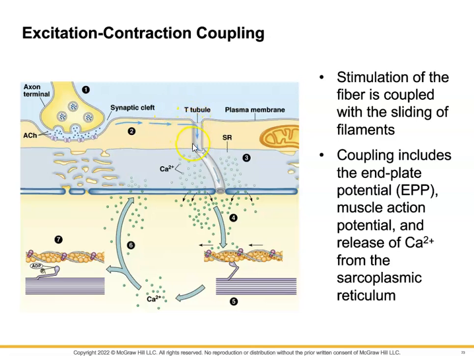The T-tubule depolarizes because it is also cell membrane. This causes the sarcoplasmic reticulum to dump out calcium. The calcium then binds to the troponin. The tropomyosin moves off the binding sites. Now, myosin heads can bind to the actin, and when they bind together, the resulting action leads to contraction.